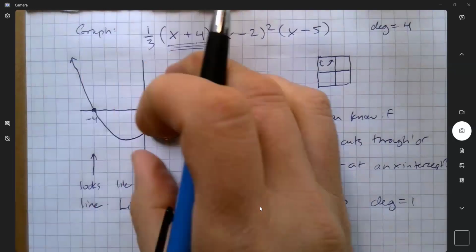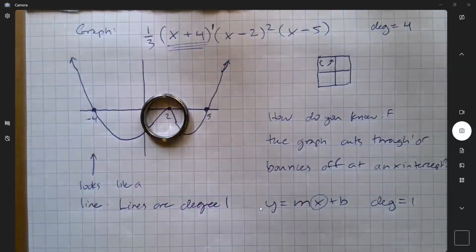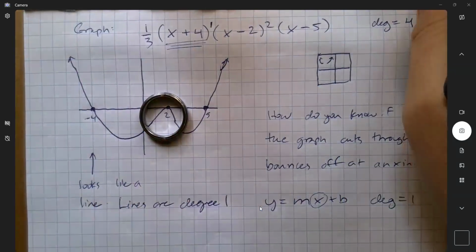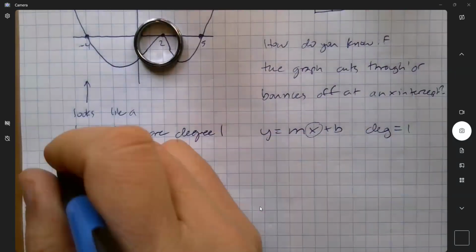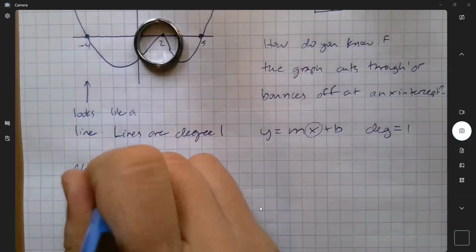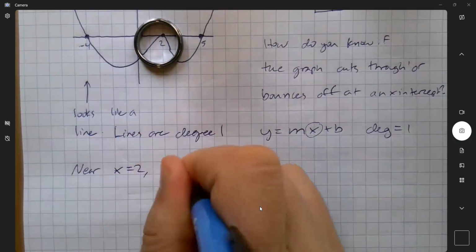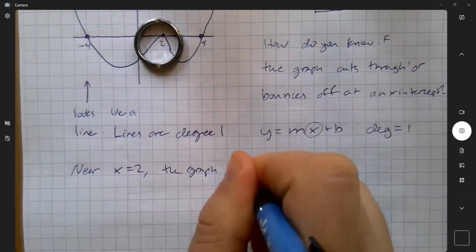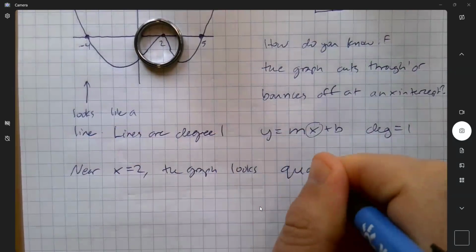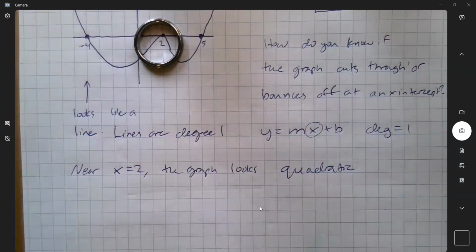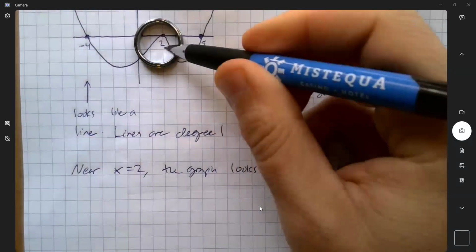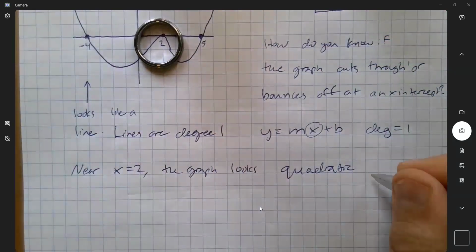Move over, look inside that small window. And I notice that near x equals 2, the graph actually looks like a quadratic function. It looks quadratic. It comes up, it touches, and it goes back. It looks like this.